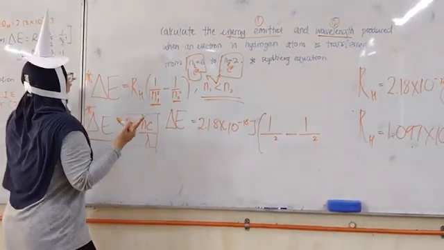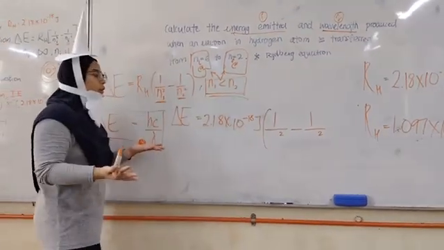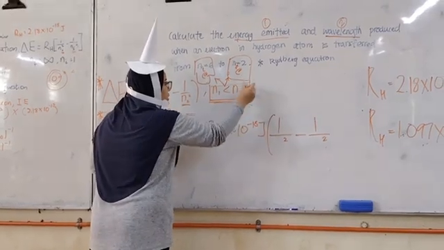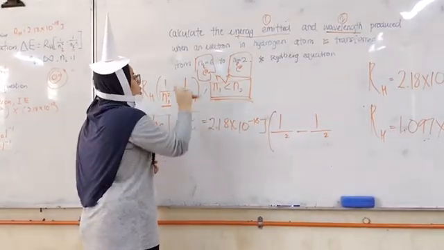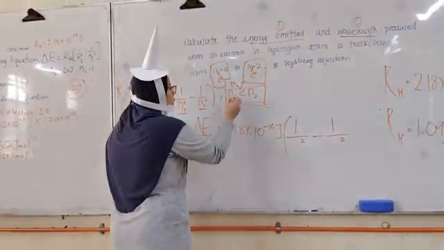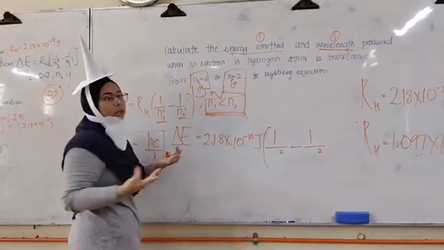That's why, as I said earlier, when you memorize the equation, you must also memorize this condition. Even if the scheme of answers doesn't insist on it, it's incredibly important for you to know when substituting in the equation. The condition here is that n2 needs to be bigger than n1.